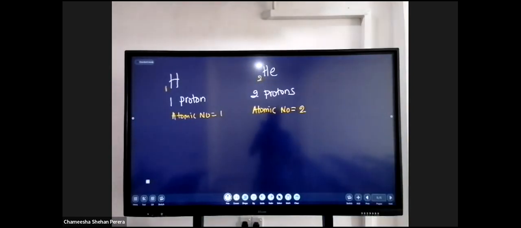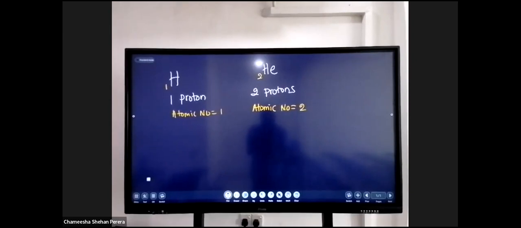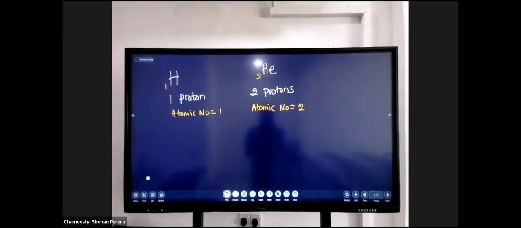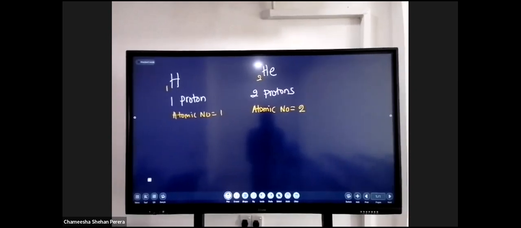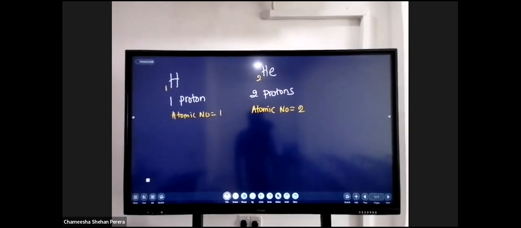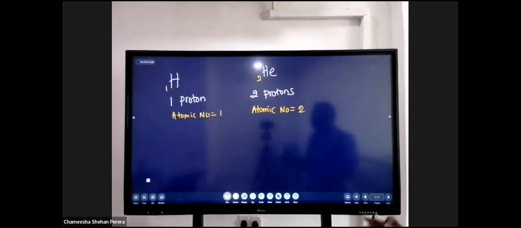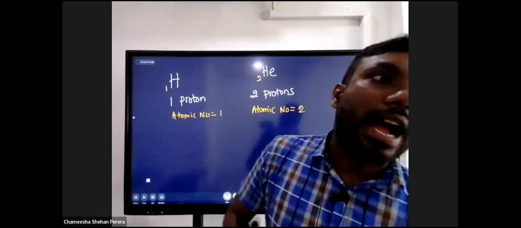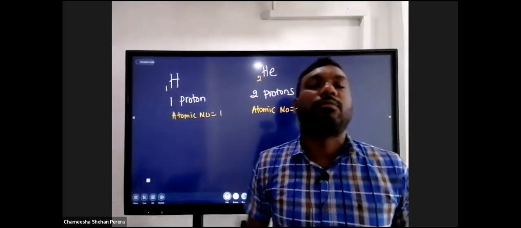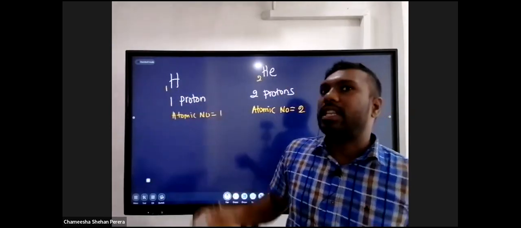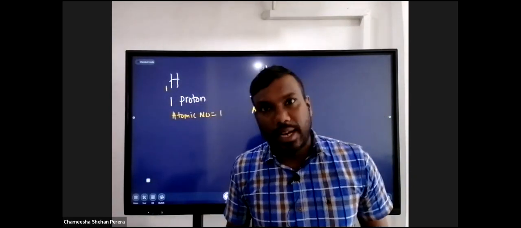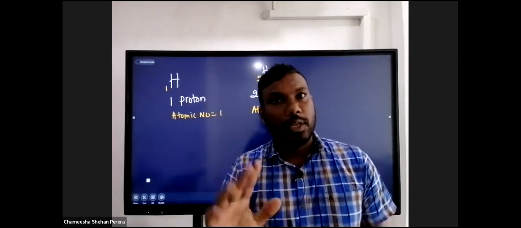The number of protons of an atom never changes. Hydrogen will forever have only one proton. The atomic number will not vary, right?